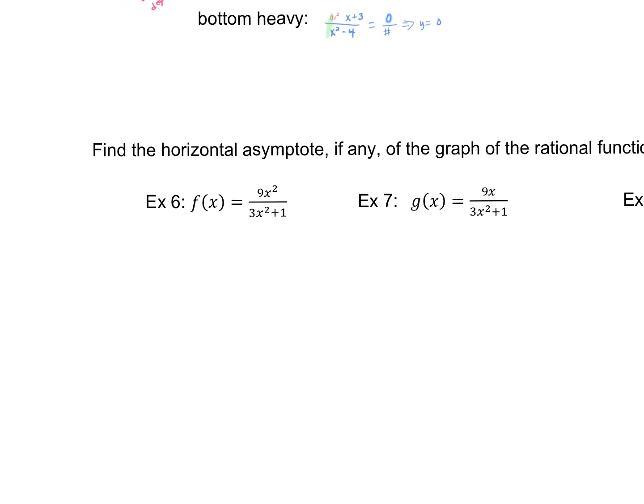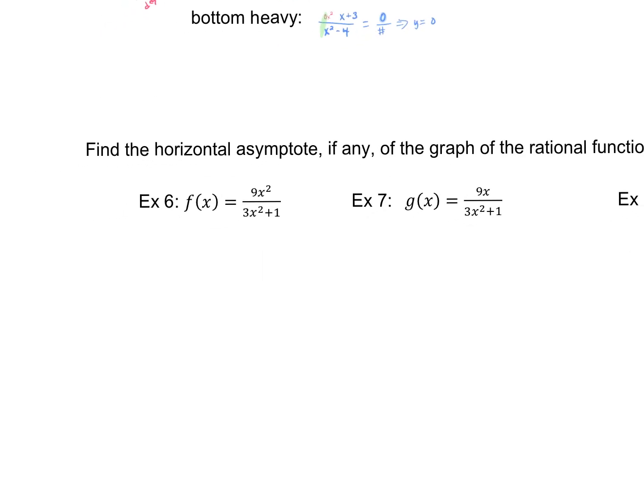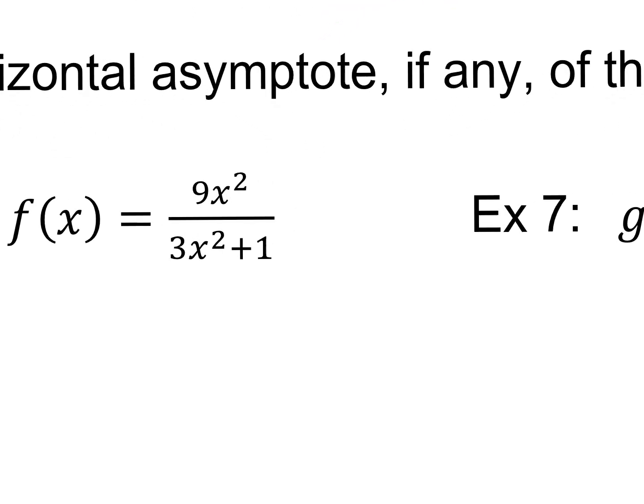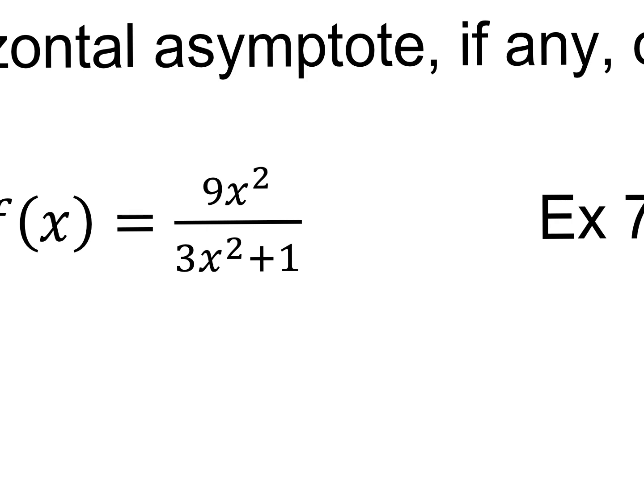All right. So it says find the horizontal asymptote. So that means we need to compare the degrees of the numerator and the denominator. And in this case, the degree is the same. So what that means is that we are considering the leading coefficients here. And so in that case, our horizontal asymptote is going to be at y is equal to 9 over 3 or just 3.